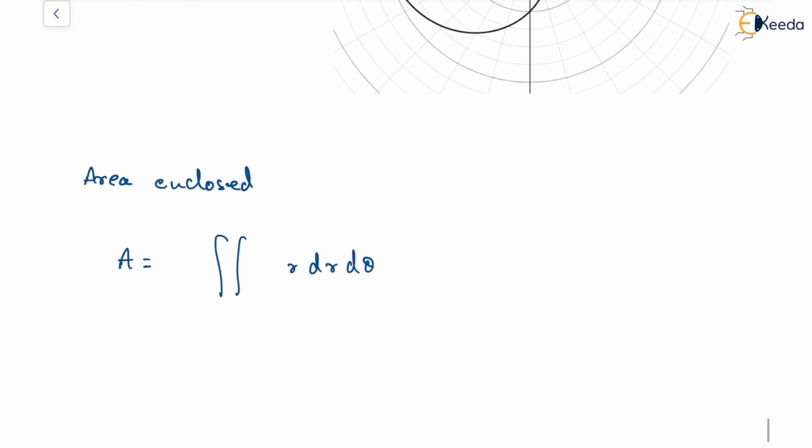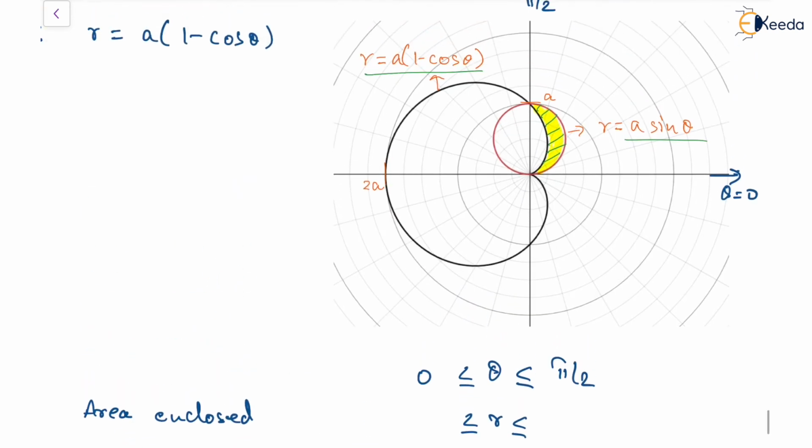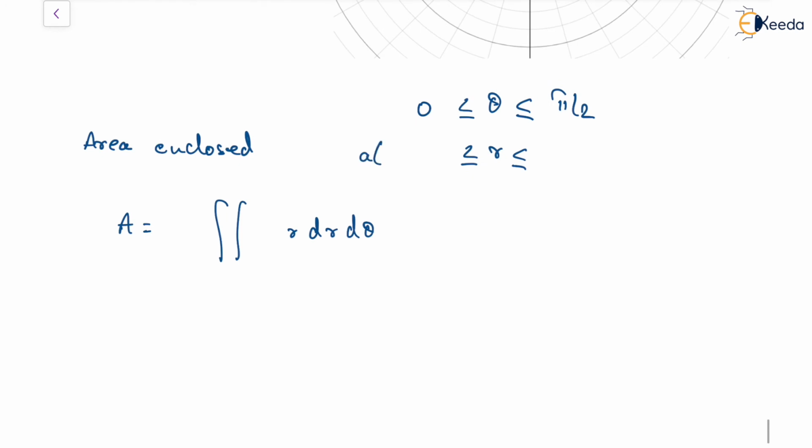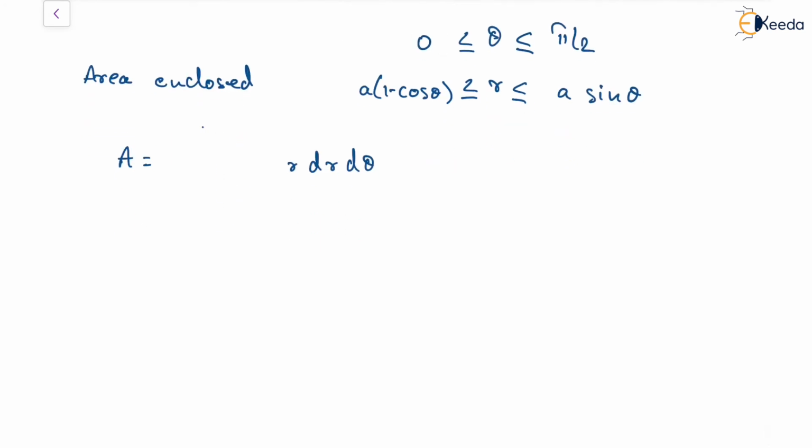Now theta, as already discussed, varies from 0 to pi by 2, and r varies from a times 1 minus cos theta to a sine theta. That's it.